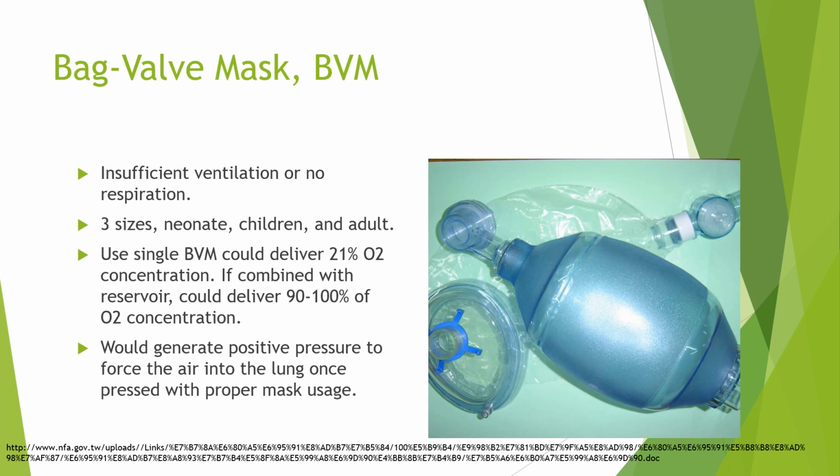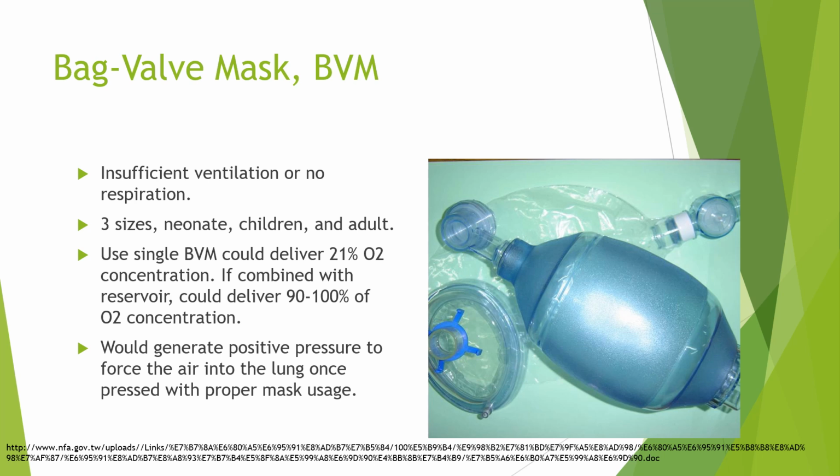We use the BVM during insufficient ventilation or no respiration, to help the patient with respiration. Usually, it comes in three sizes: neonatal, children, and adult. If we use the BVM only to give room air, it will deliver about 21% oxygen concentration.